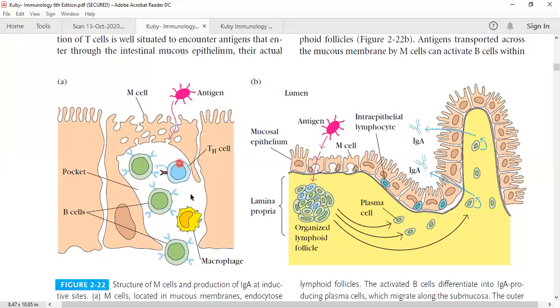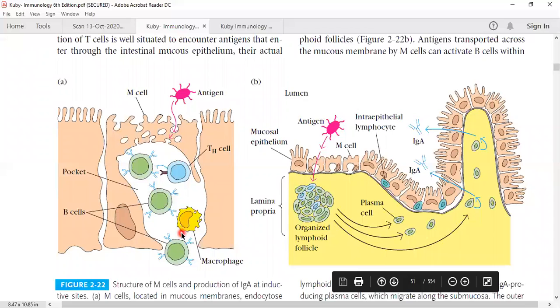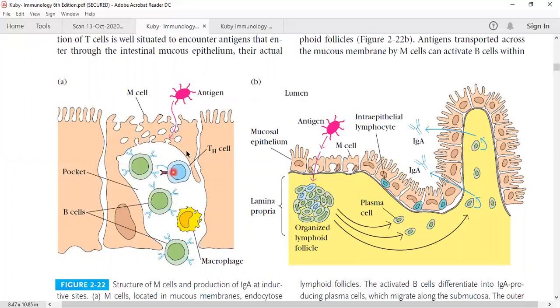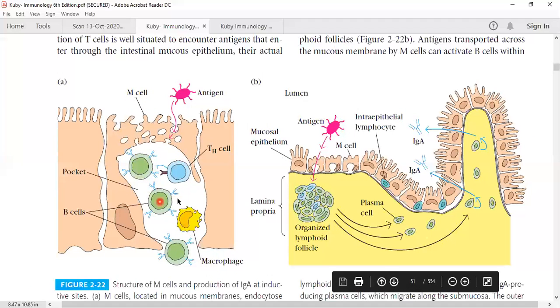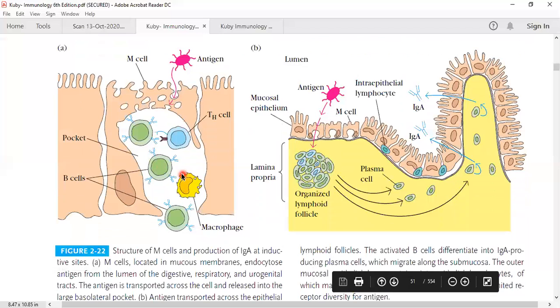This pocket has other cell types also, for example macrophages, T cells, B cells, along with antigen presenting cells. So the antigen coming from the lumen will be entrapped and transported by the M cell into this pocket where other cell types of the immune system are present.